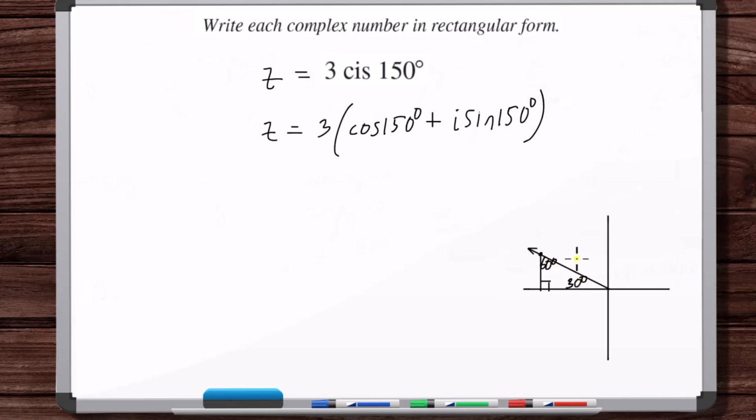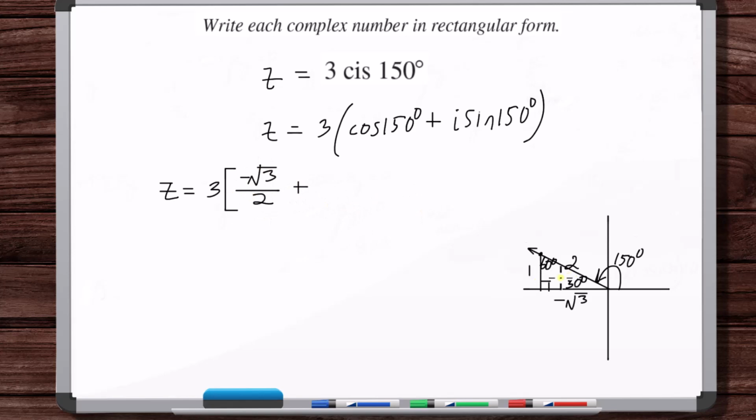Okay, so the 30, 60, 90 triangle will have 1, that's positive 1. This will be minus root 3, and so there's 150 degrees. So, okay, we've got z is equal to... so cosine of 150 is going to be minus root 3 over 2.